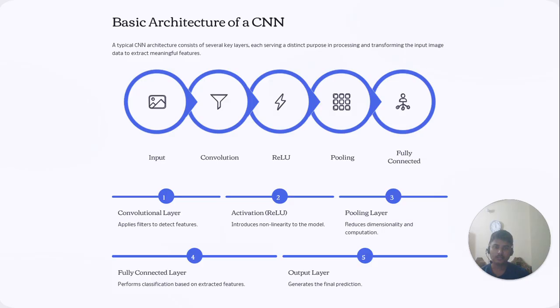In pooling layers, we then downsample the feature maps to reduce dimensionality, which ultimately reduces computational complexity, keeping the most important signals. Finally, a fully connected classifier or output layer turns the extracted features into predictions, for example, the probability of each class. Together, these blocks learn hierarchical features from pixels to parts to objects.